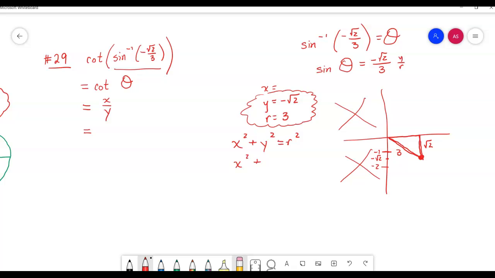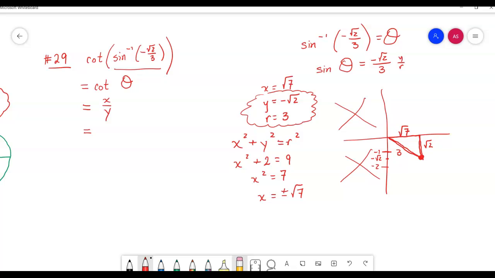Negative square root of 2 squared, negative square root of 2 times negative square root of 2 is positive 2. 3 squared is 9. Subtract 2. x is plus or minus the square root of 7. But since we are in the fourth quadrant, my x value has to be positive root 7.